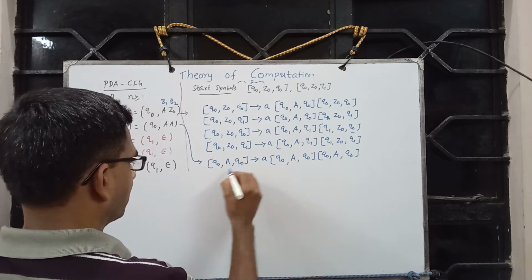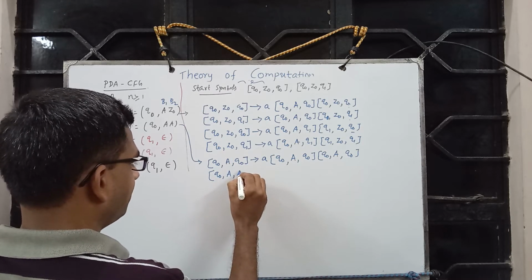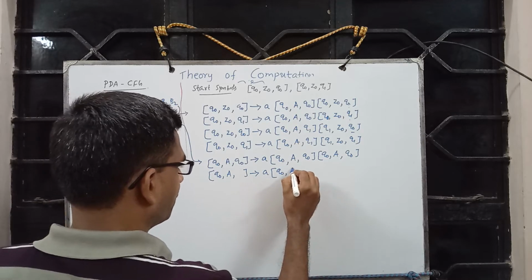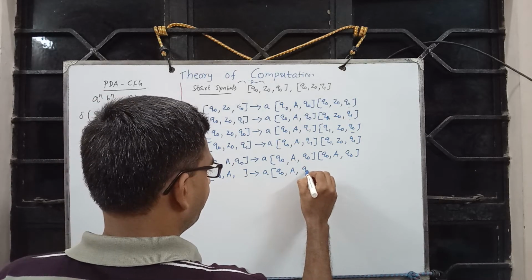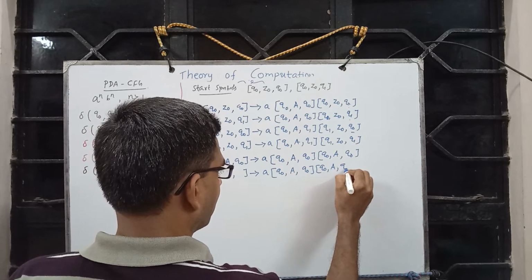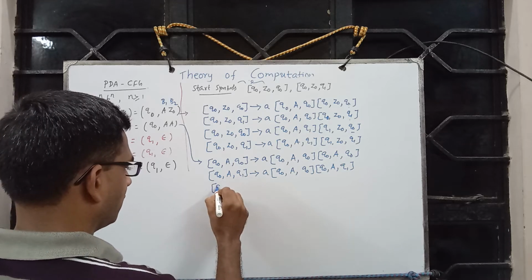Therefore, this one is q0. Or q0 A q1 implies a, q0 A q1, this one is q1.